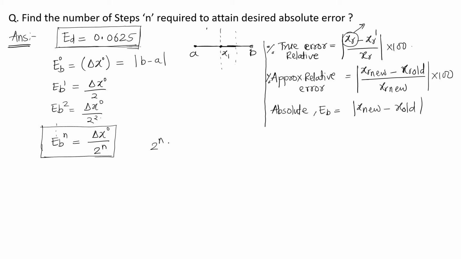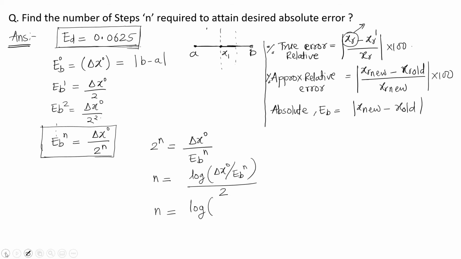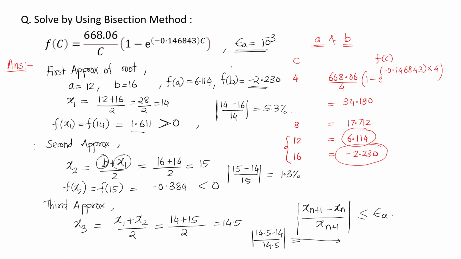So we arrange the equation: 2 raised to n is equal to delta x naught divided by the desired error e. Apply log on both sides, and we get n equals log of delta x naught divided by e, divided by log 2. We know delta x naught, which in the first example is the difference between the initial values a and b.